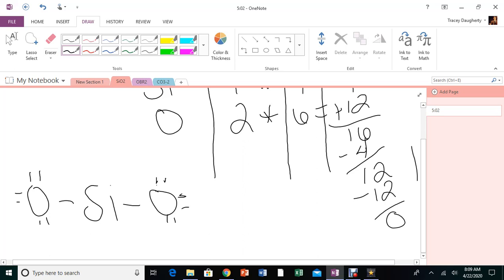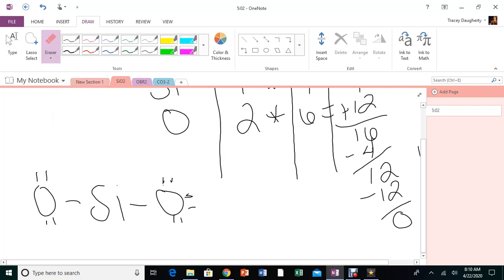Now, we can't put dots on the central atom because we don't have electrons to work with. We hit 0 already, so we have to double bond. So the way we double bond again is we take and erase a pair of dots from the outer atom, and we form a double bond in between the outer atom and the central atom.